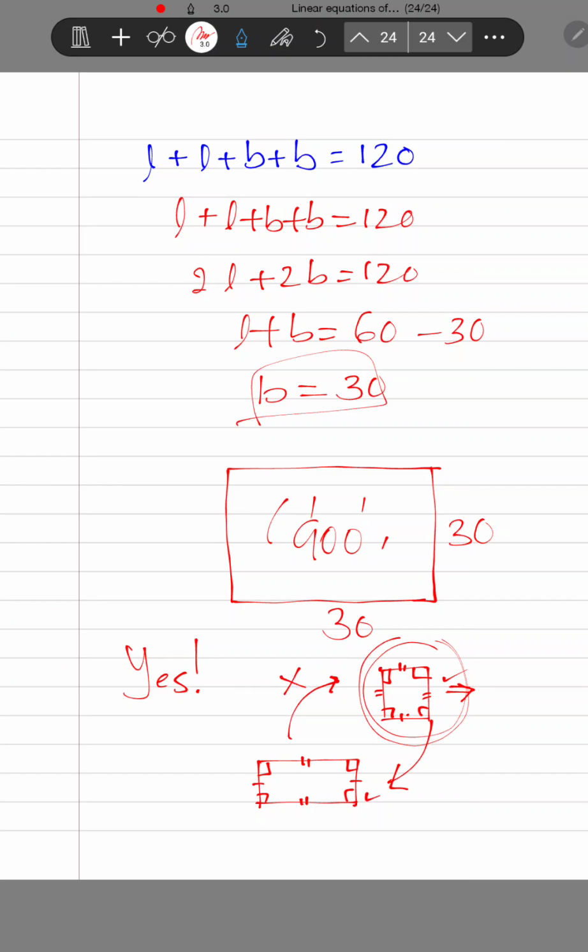If the question was asking whether we are able to design a square, and we get a rectangle, we should say no, because a rectangle is not necessarily a square.